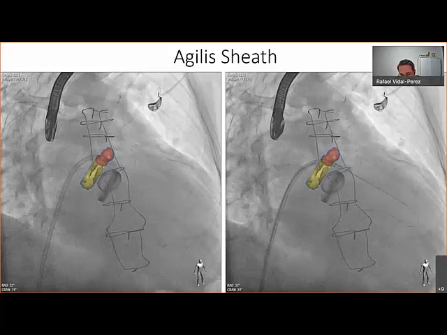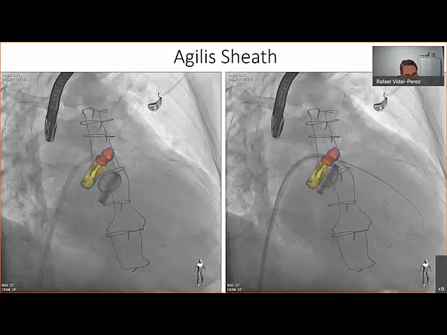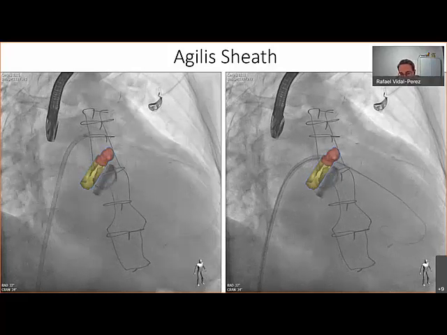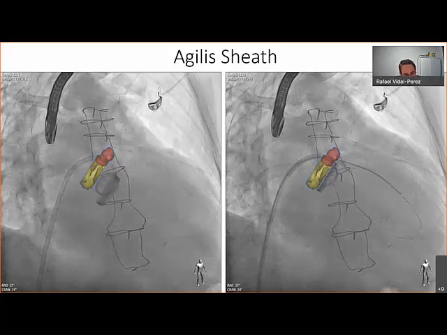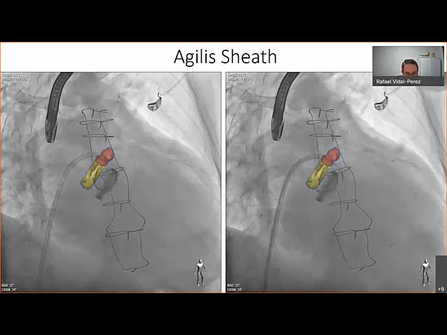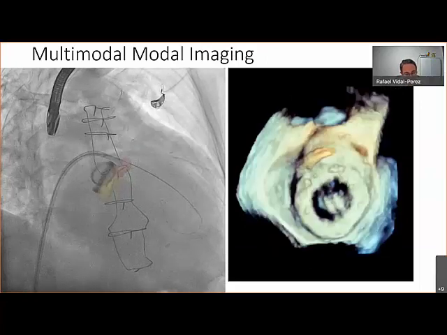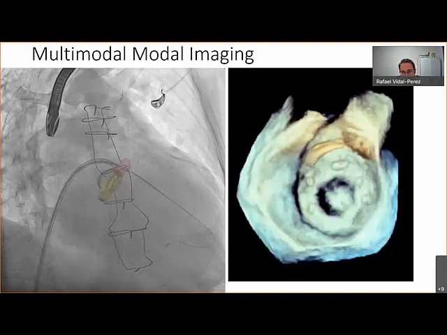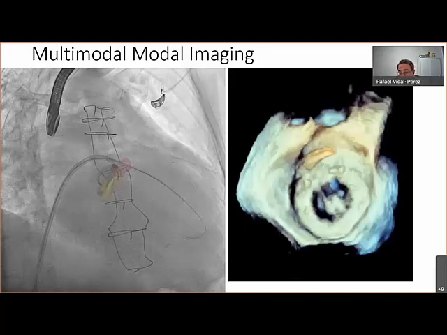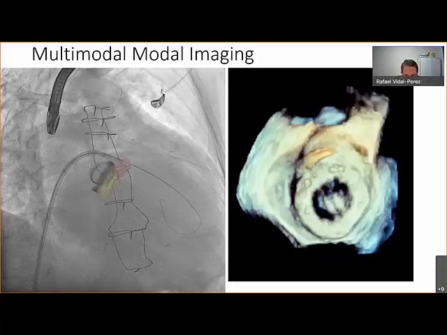Here you can see that they're using a different sheath to get to the right points, because here the management of the different catheters is very important, to get there in the right place to go with the guide, where you can see all the maneuvers to get over the place of interest. Of course, another element that is essential is the guidance by the 3D echo to know where the guide is going, and if we are going to be in the place that we wanted to be with the 3D model.